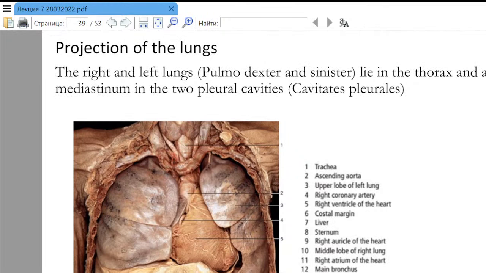The lungs, right and left, pulmo dexter and pulmo sinister, lie in the thorax and are separated by the mediastinum into pleural cavities, cavitas pleuralis. This is the thoracic cavity. You see the diaphragm.